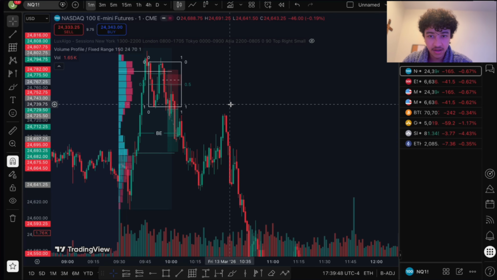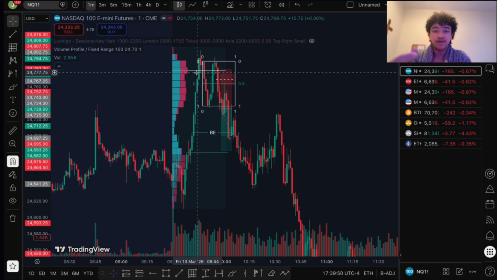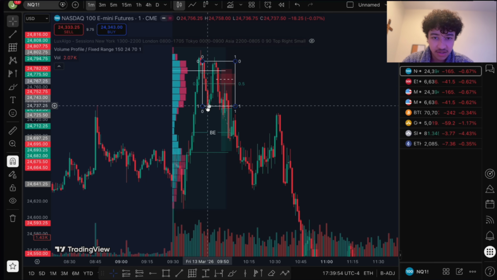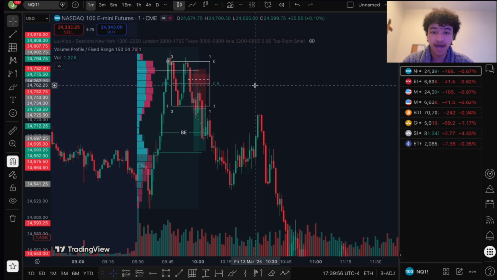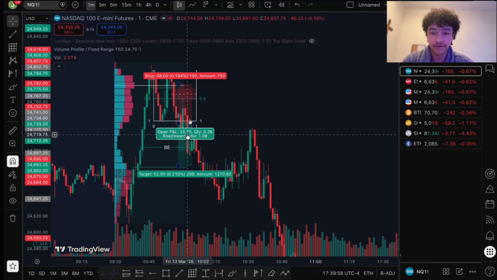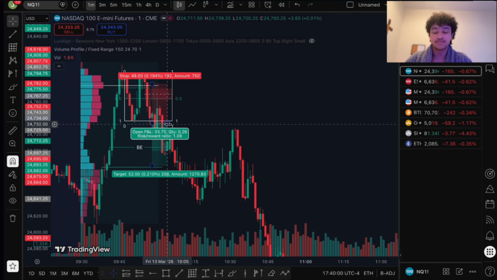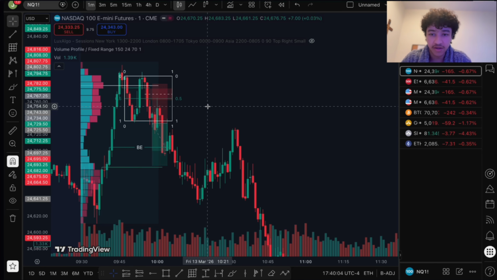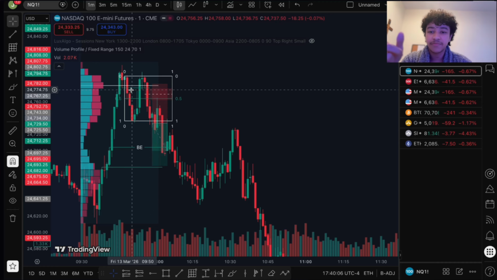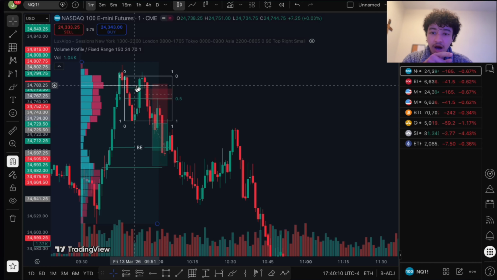You can see at the moment, it was used as a resistance. It bounced, went back again, it bounced, and that actually helped me take this trade on Friday. Now the trade did go on break even because of a stupid wick candle. That's a whole nother story. But you can see that it went down, went back up, and was used as a resistance.